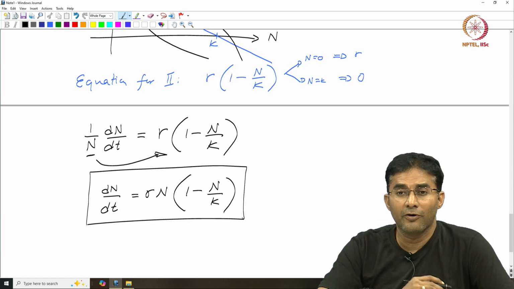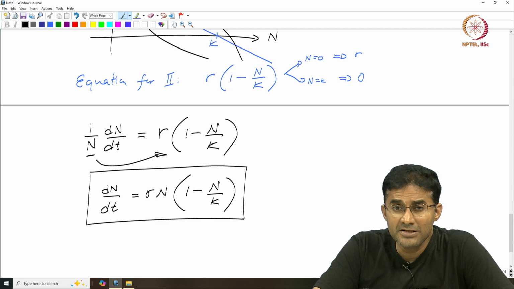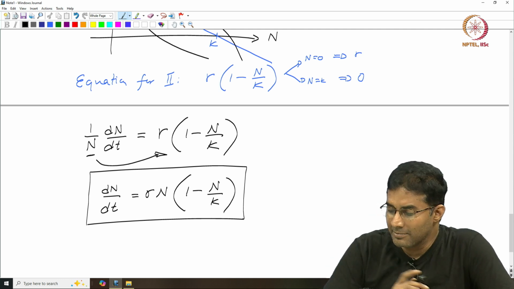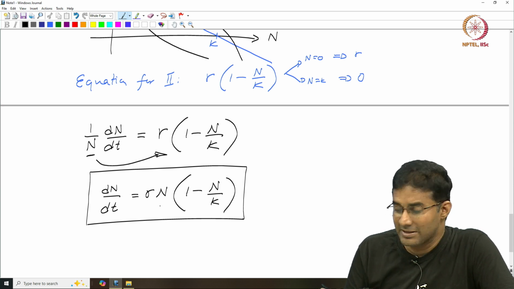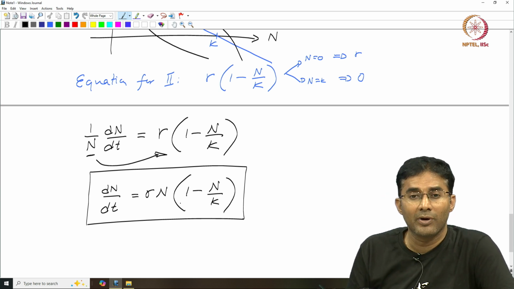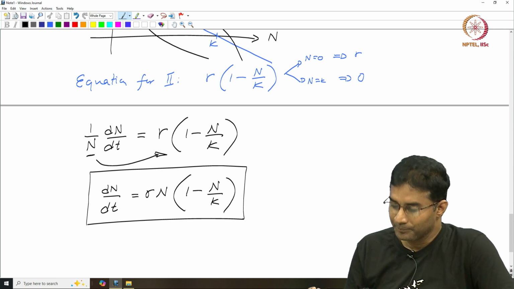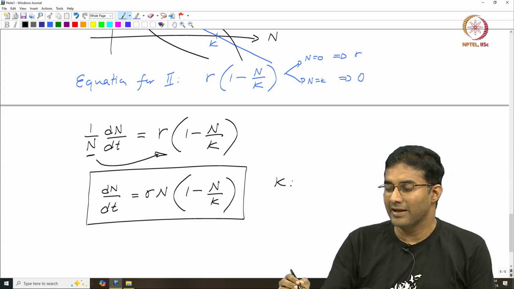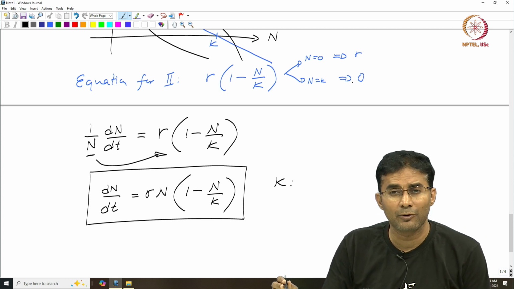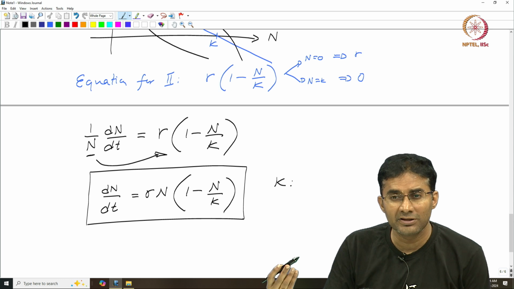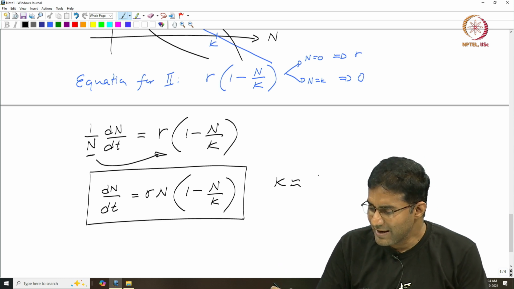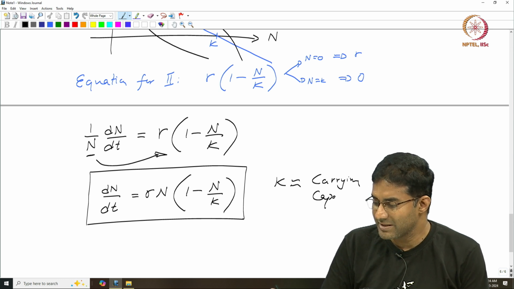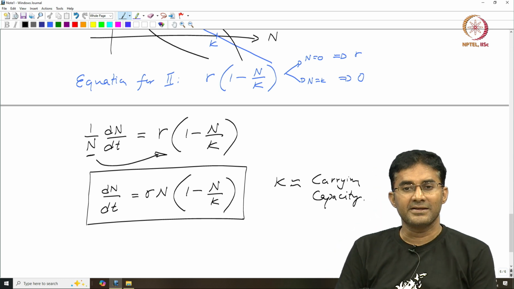So we have an expression for how population is changing as a function of time, and it depends on the current population density in the following way: r times N times 1 minus N divided by K. And now, what is K? You note that when N hits K, the per capita growth rate becomes 0. That means there is no growth in the population anymore. So, K is actually a crude representation of carrying capacity in the system.